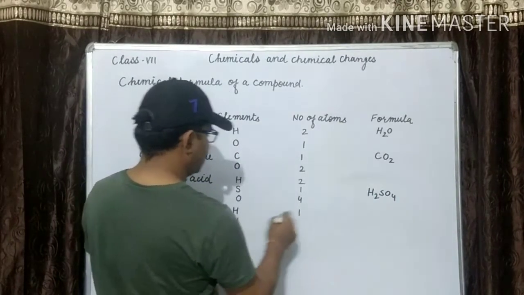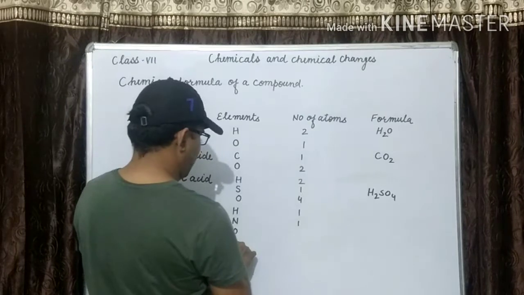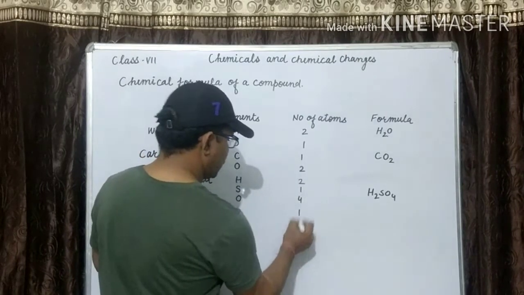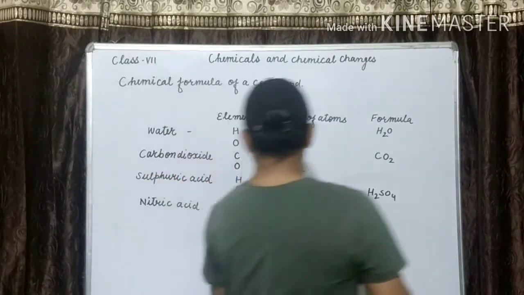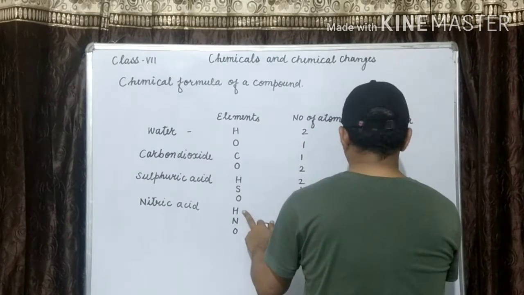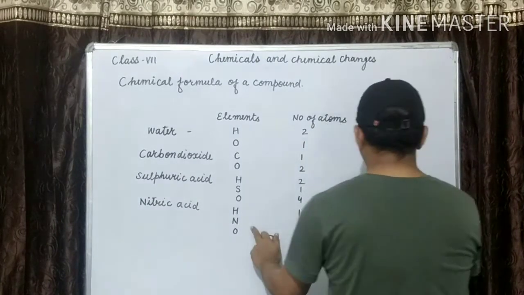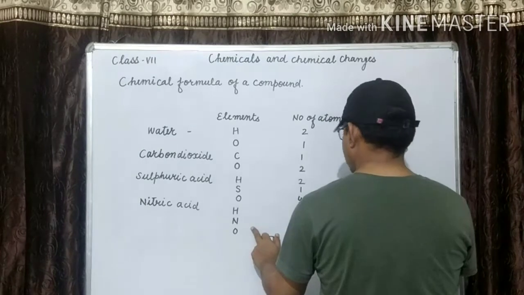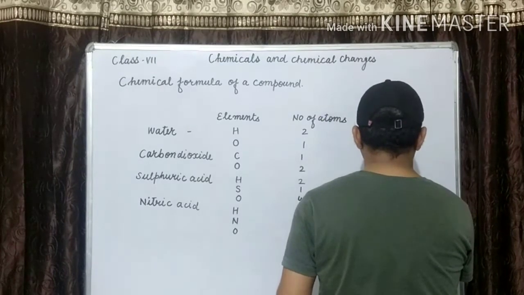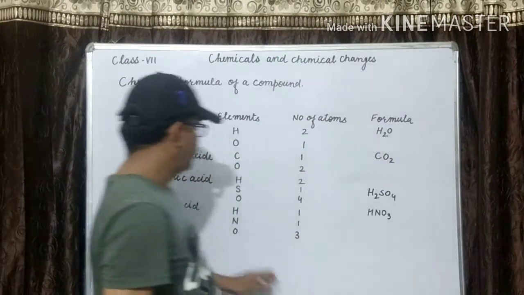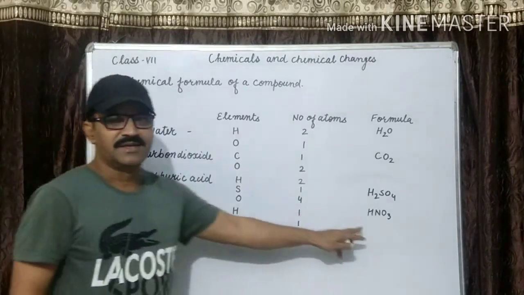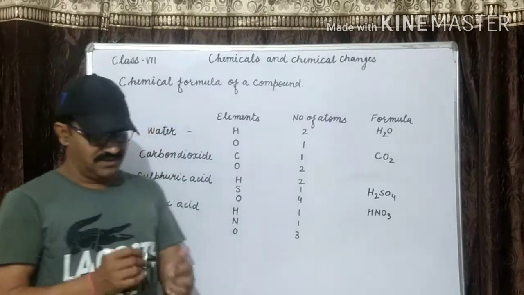Nitrogen 1 and oxygen 3. So what is the formula? H1 N1 O3. This is the formula of nitric acid, HNO3. Clear?